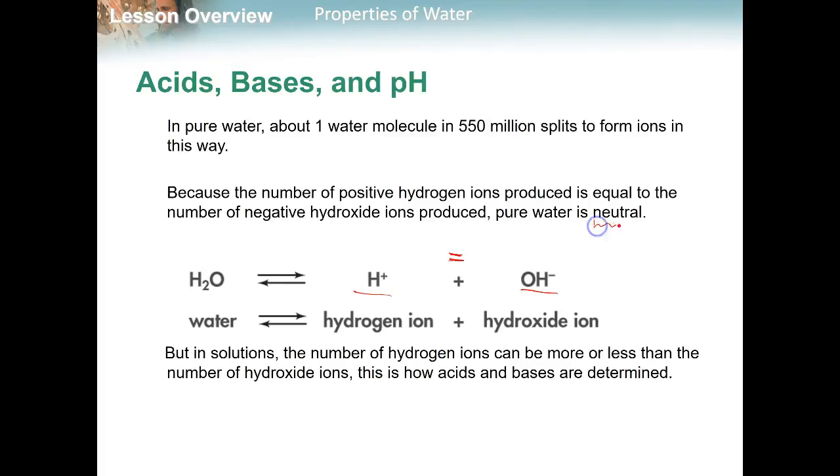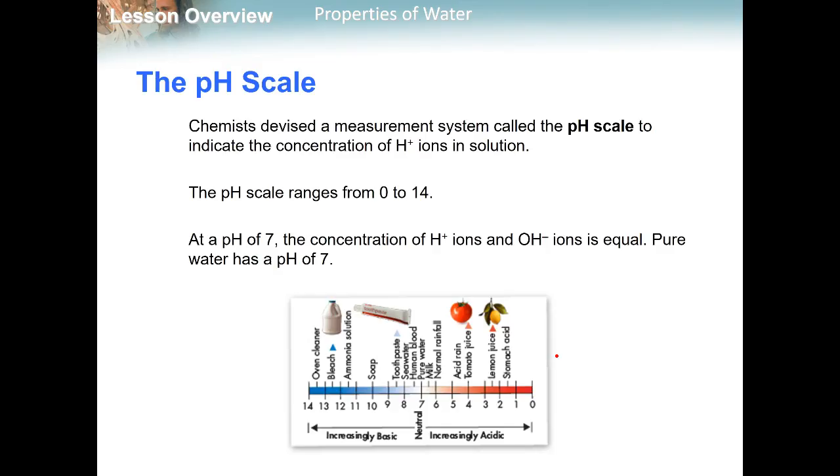So we say that water is neutral. But there are solutions where the hydrogen ions can be greater or less than the number of hydroxide ions. And this is how we determine whether something is going to be an acid or a base.